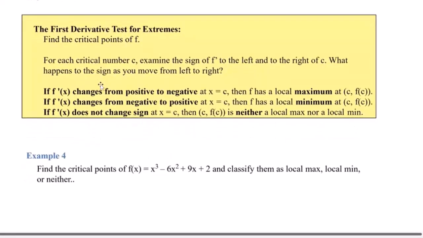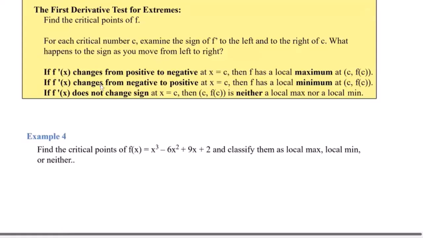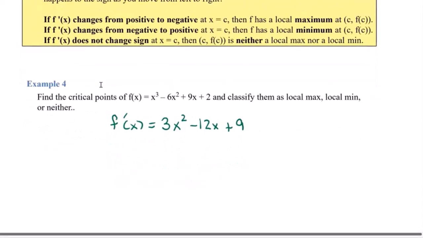Here we go. The first derivative test for extremes. For step 1, find the critical values. To find the critical values, I need to find the first derivative, f prime of x. So we have 3x squared minus 12x plus 9. Looks like the same thing we had before. So we're going to set this equal to 0.